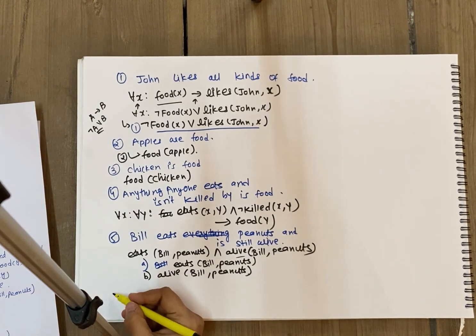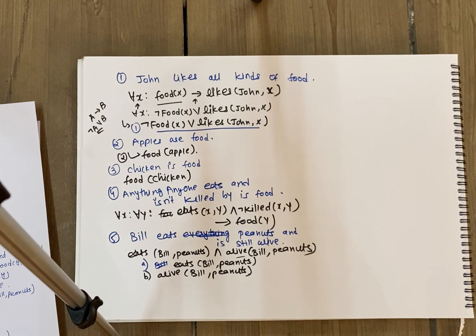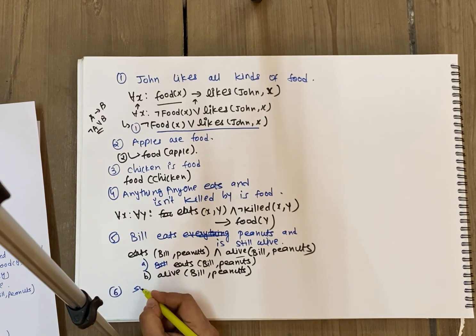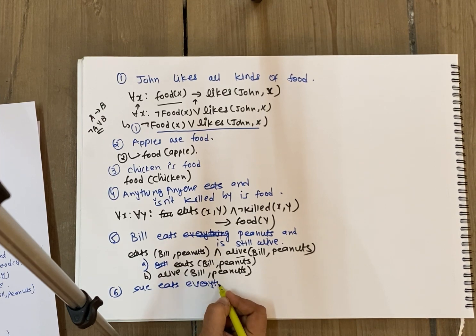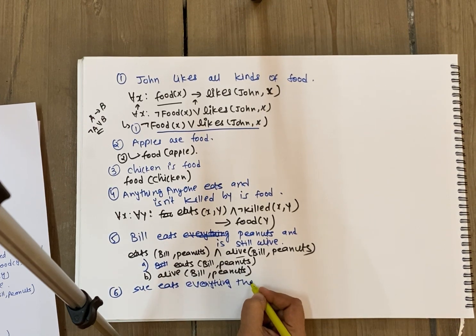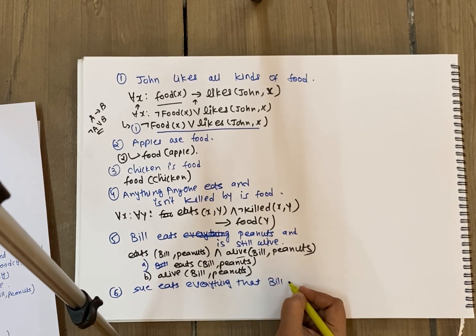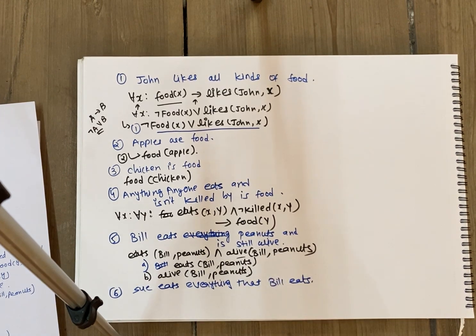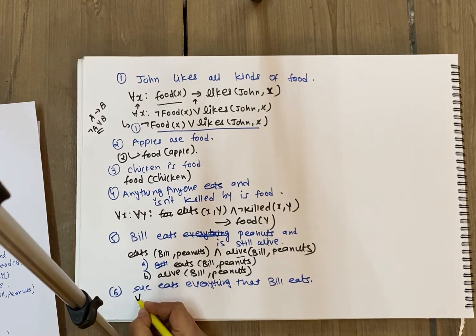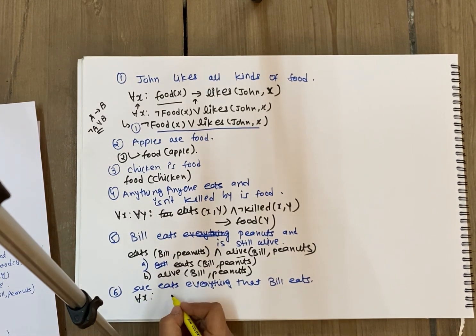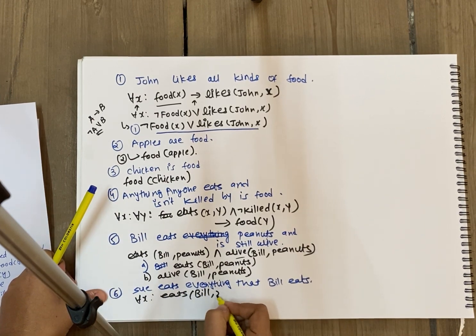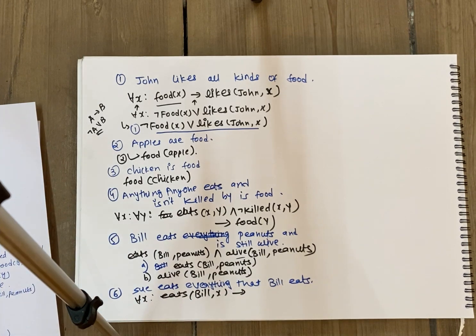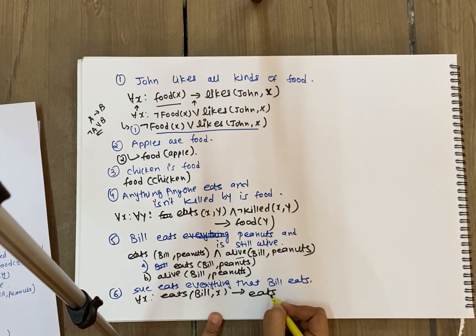Now what is the last step over here? Sue eats everything that Bill eats. So first of all, we have to convert that to a predicate. So for all x, if Bill eats x, Bill, comma, x, it implies eats Sue, comma, x.